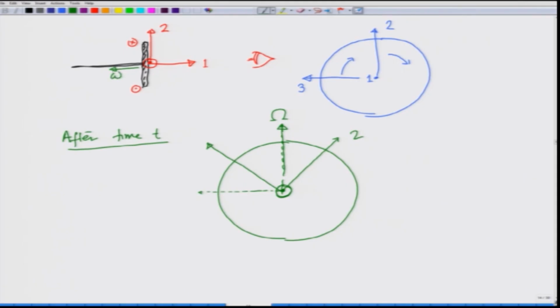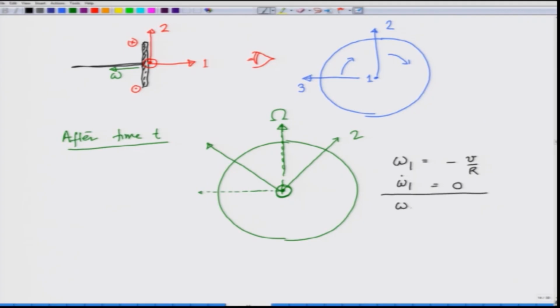So, let us write these quantities. Omega 1 is equal to minus V over R, because it is pointing in the direction opposite to the direction of axis 1, and omega 1 dot is therefore 0.